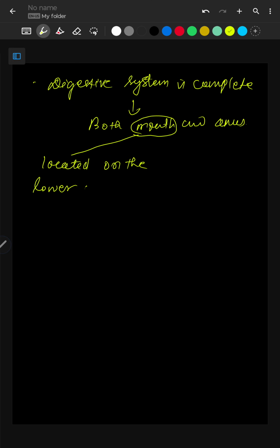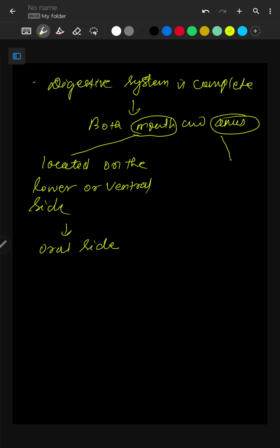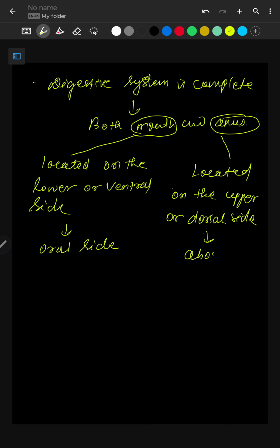Remember, lower or ventral side called oral side. Oral means mouth. So this is the side where the mouth is present. The other opening is the anus. So this is located on the upper or dorsal side, which is known as aboral side. Okay, so this is just opposite to the mouth.